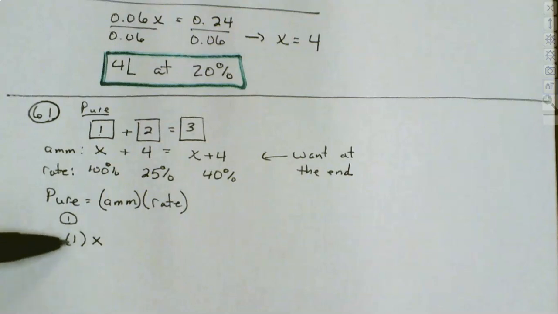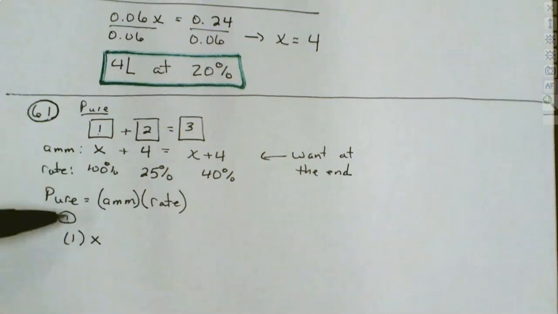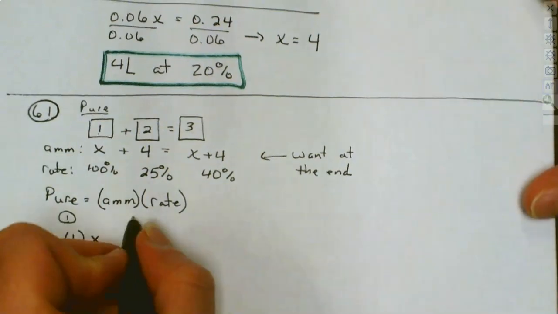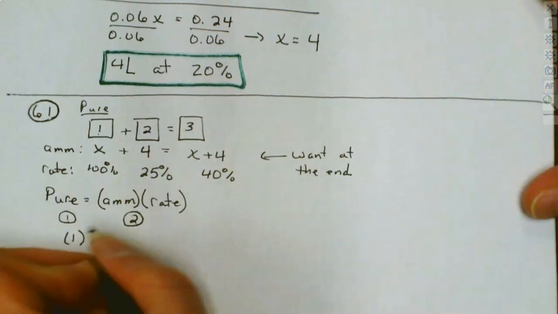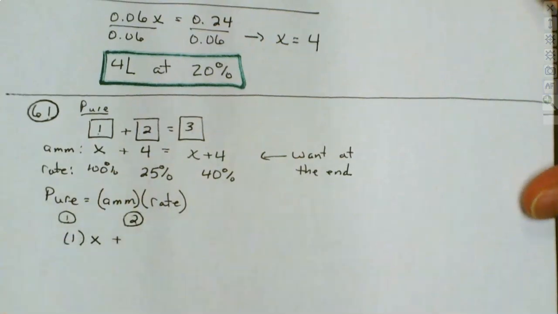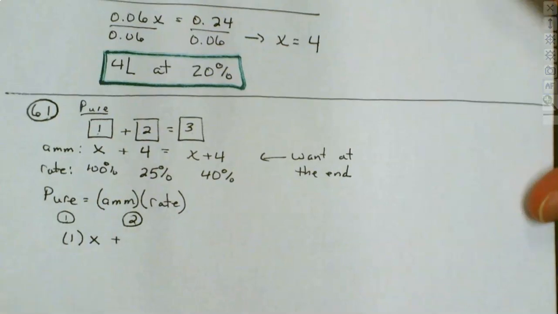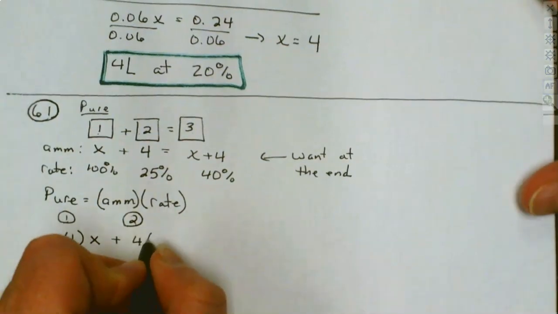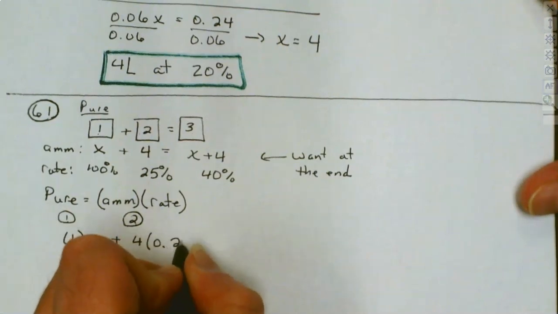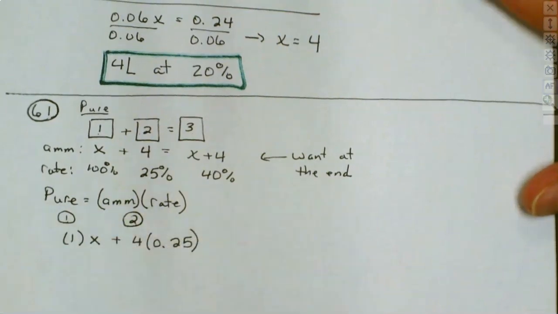I just put the 1 in front so you'd realize 100% is 1. So that's where that 1 came from. What about the next one? Well, the next one has 4 liters, or gallons in this case, at 25%. So that's 4 times 0.25. And again, they can be in any order because it's all commutative.